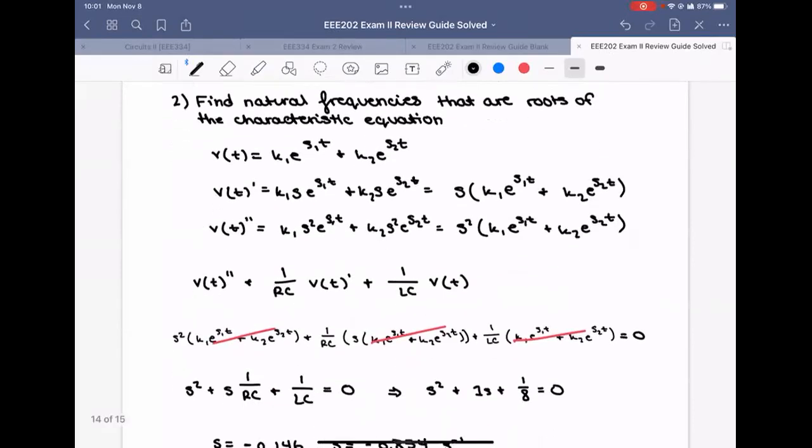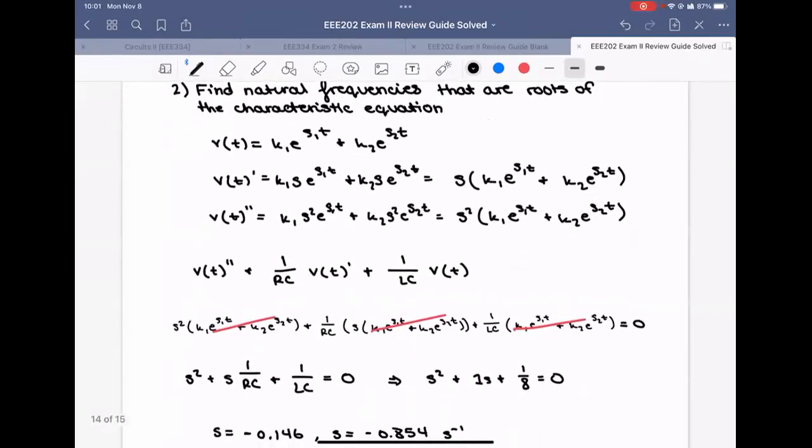Finding this, you won't have to, so this is me explaining it. All you'll probably have to do is show that this is going to be equal to this. You'll just have to go from the second order to s squared plus a s, writing the characteristic equation. You remember doing that.